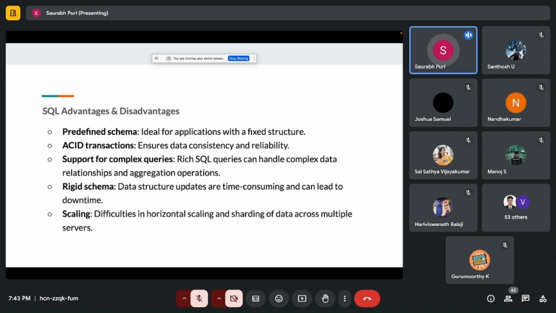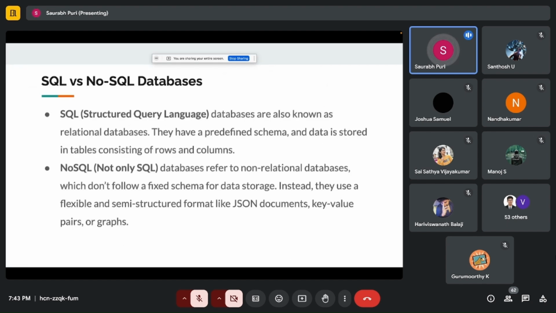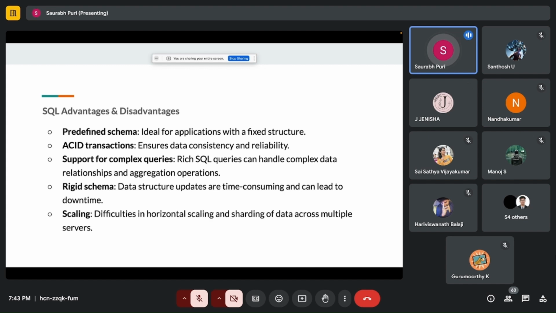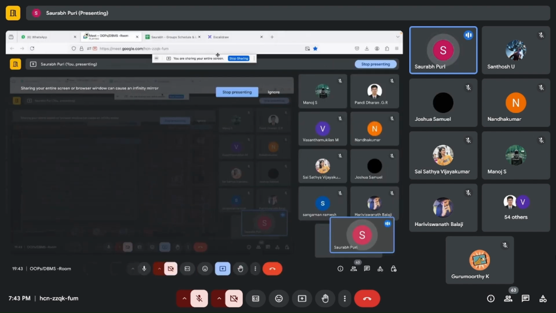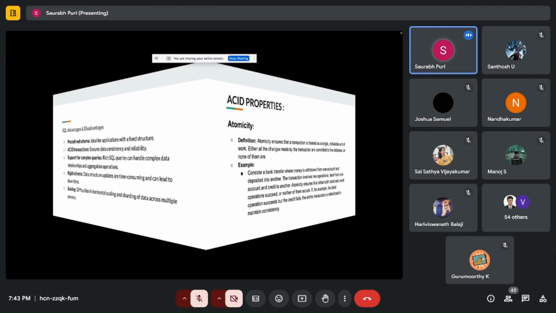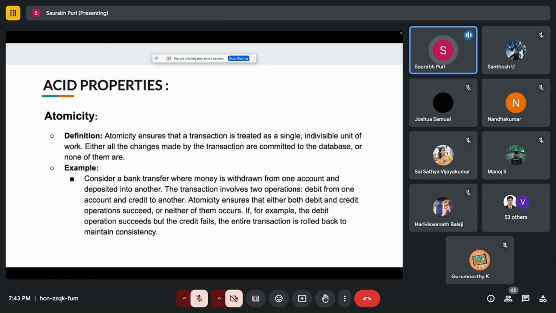We will get to know about NoSQL databases in subsequent lectures, but right now these are the high-level differences, advantages and disadvantages. I hope the recap is clear to you. So let's proceed with the ACID properties first.